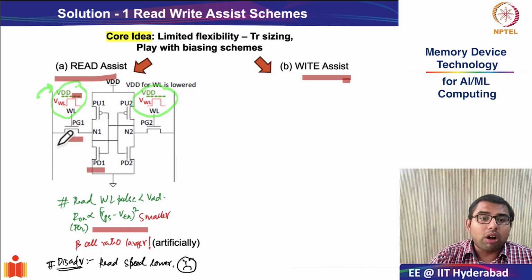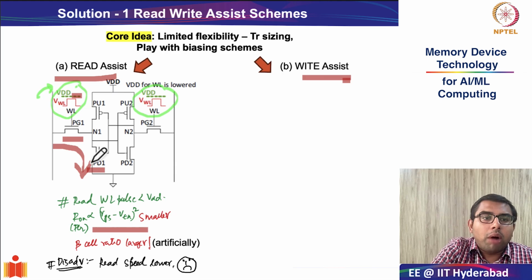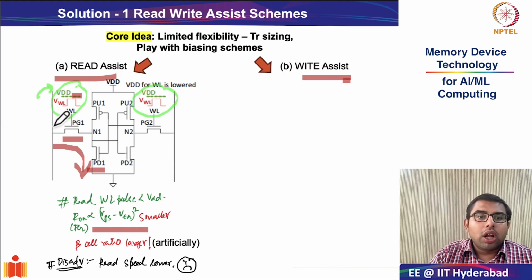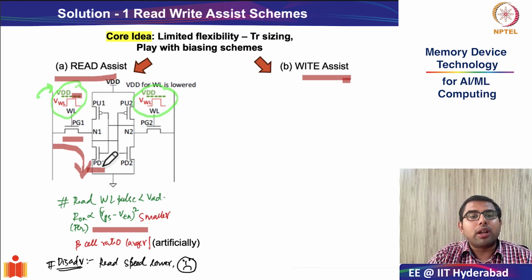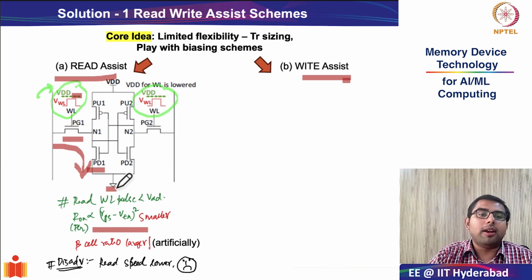Now, of course, this will have its own set of problems or disadvantages, and the first immediate disadvantage that we can think of is, remember that during the non-destructive read, a read current flows from the bit line through the pass gate transistor and pull down transistor into the ground terminal.